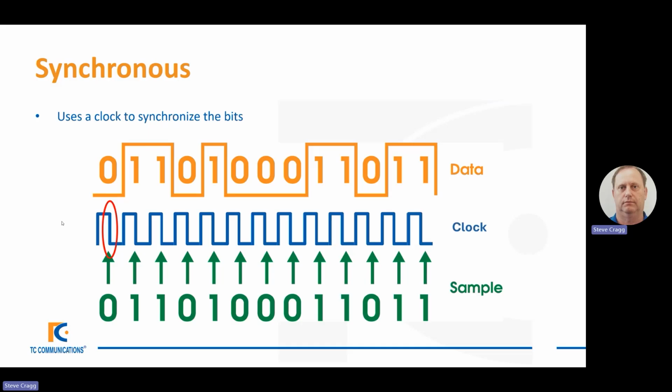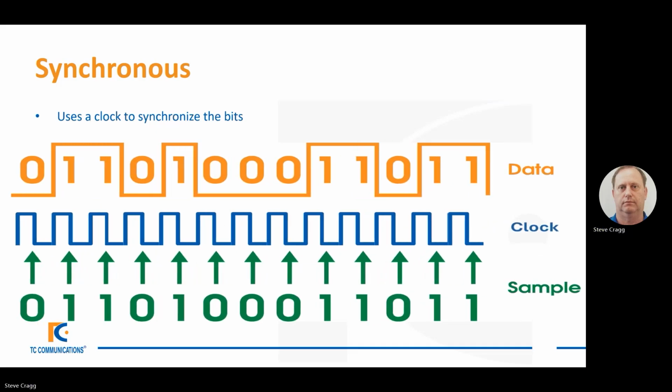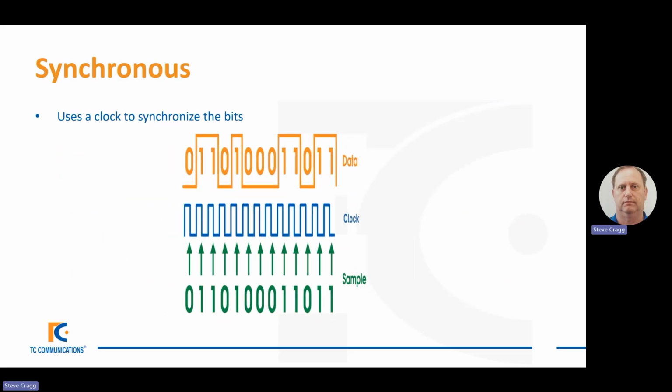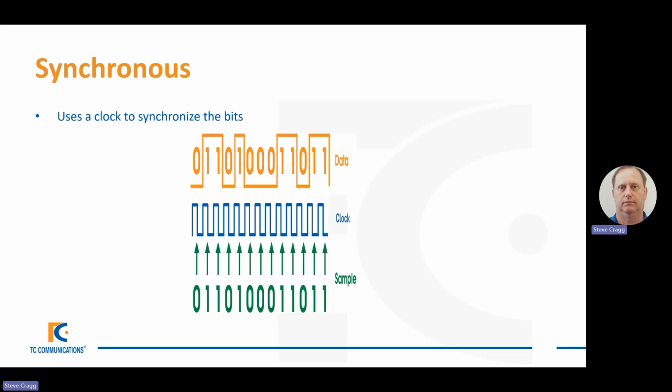And this means that if, for example, we slowed the data down, and at the same time we slow the clock down, there's no errors being generated, because the receiving device can look at the clock and go, I know where to sample the data to make sure I get the right bit. Similarly, if I speed the data up and the clock at the same time, I still get the same data reading.